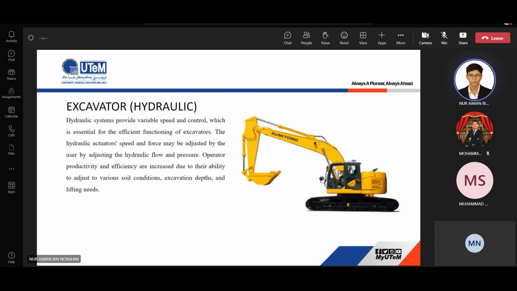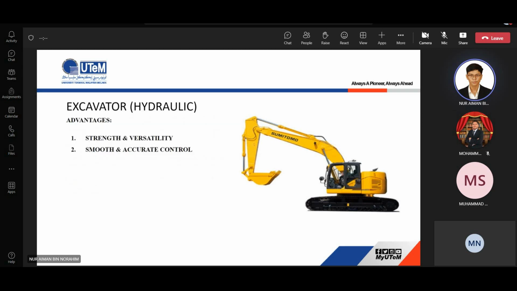Operator productivity and efficiency are increased due to their ability to adjust to various soil conditions, excavation depth, and lifting needs. The advantages of the excavator are strength and versatility, and smooth and accurate control.